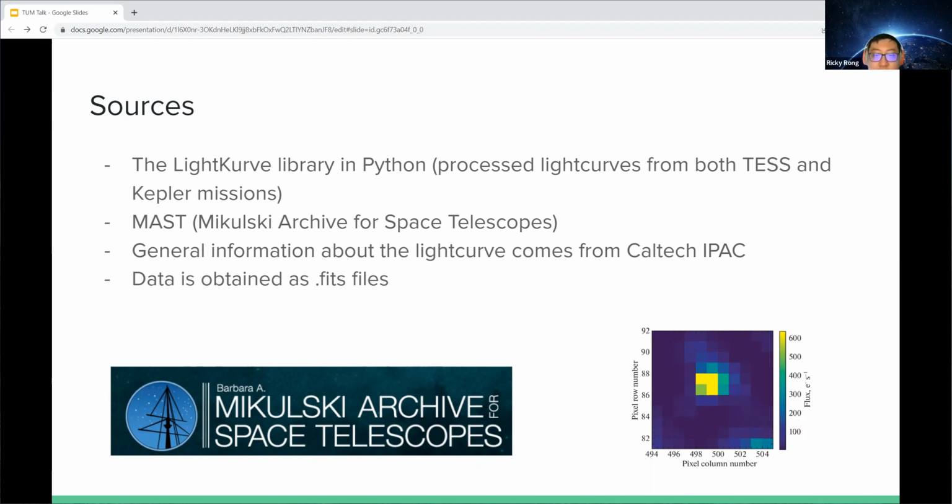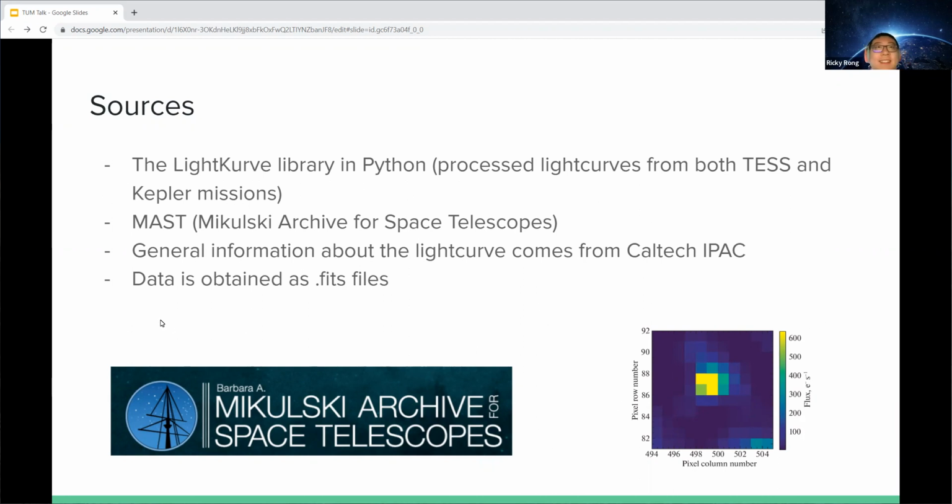These are things like different parameters about the star, such as mass, density, and effective temperature. And also very importantly, we get data like the start time of the threshold crossing event, as well as the period and the duration of the TCE. All of these things, start time, period, duration, you'll see become important as we look into processing the light curve.